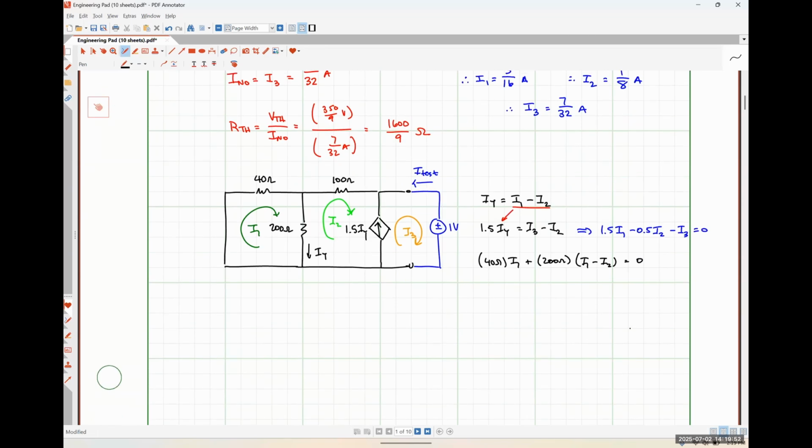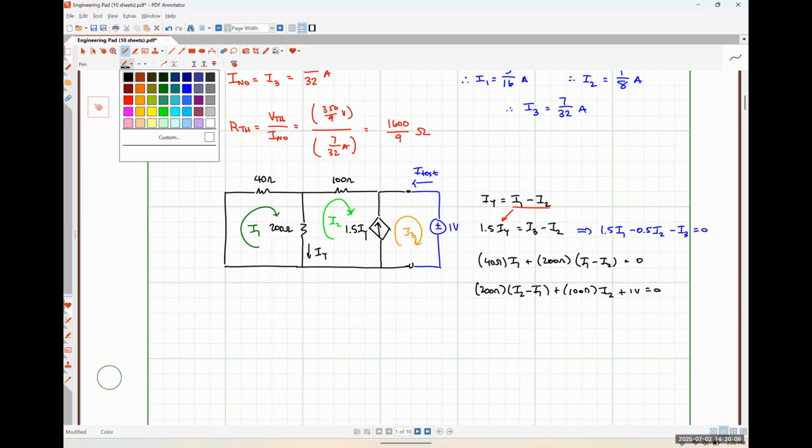And when I apply KVL around my supermesh, I'll have 200 ohms times (I2 minus I1) plus 100 ohms times I2 plus 1 volt is equal to 0. So here are equations 1, 2, and 3.